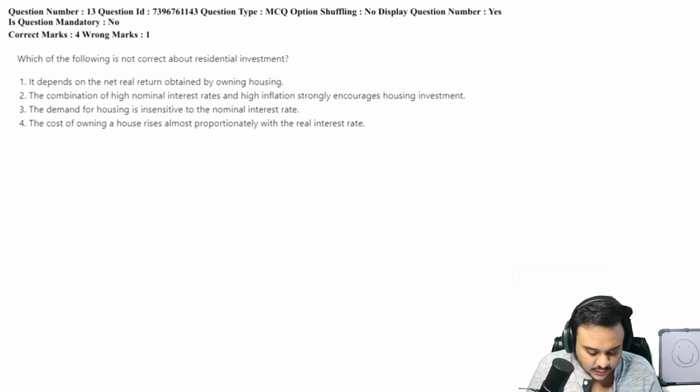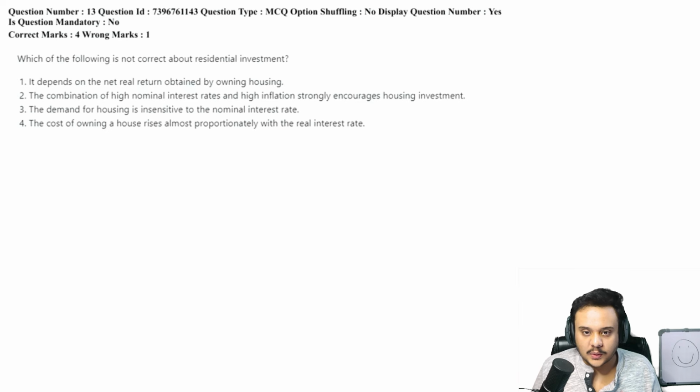Okay, so the first one says that it depends on the net. We'll just try to solve this completely logically. I'll tell you the actual equation after it, but first of all just tackle it like you don't know anything else. You are just a citizen who is living in India and you just have your brain. Now let's see. It depends on the net real return obtained by owning housing.